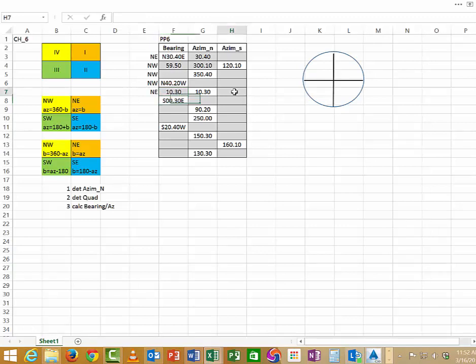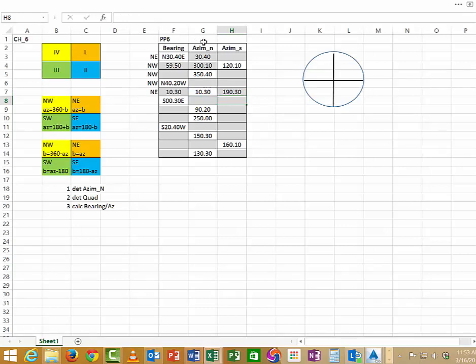Then we add 180 to that to get the south azimuth. Equals 180 plus this. So the south azimuth is 190 degrees, 30 minutes.